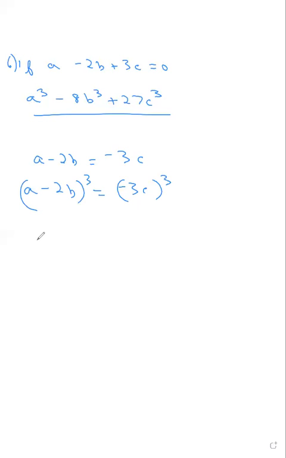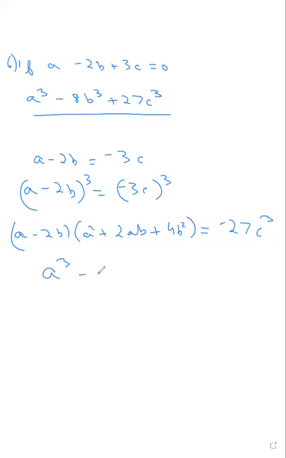So it would be a minus 2b into a squared plus 2ab plus 4b squared, which is equal to minus 27c cubed.